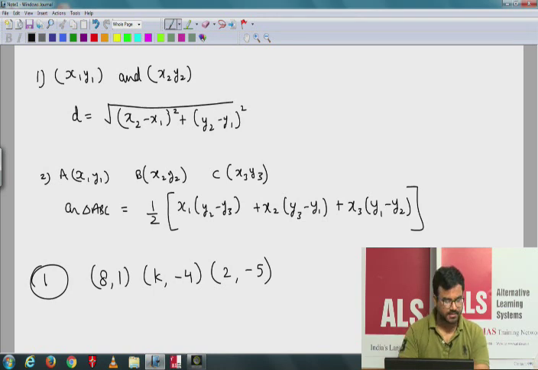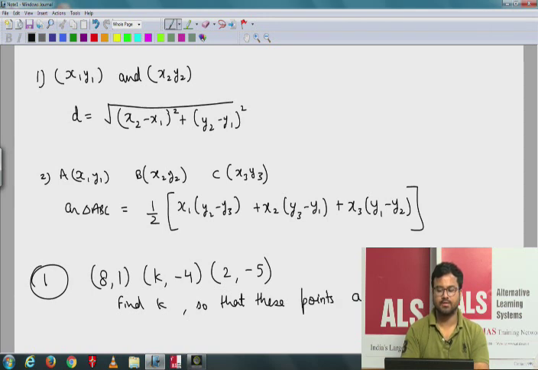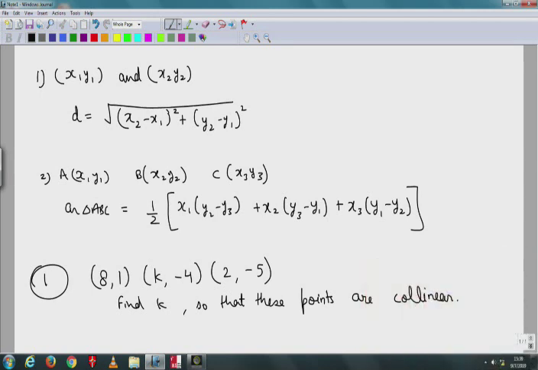These are the three vertices. You have to find the value of k so that these points are collinear. Try this one, all of you.